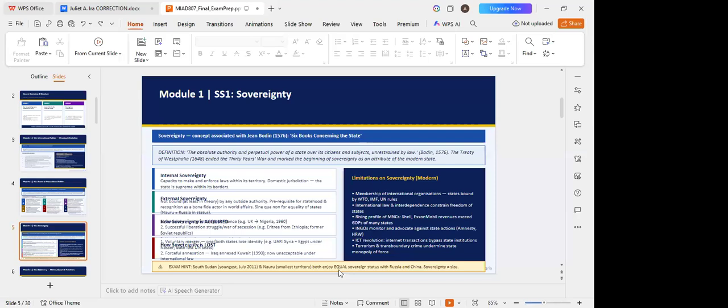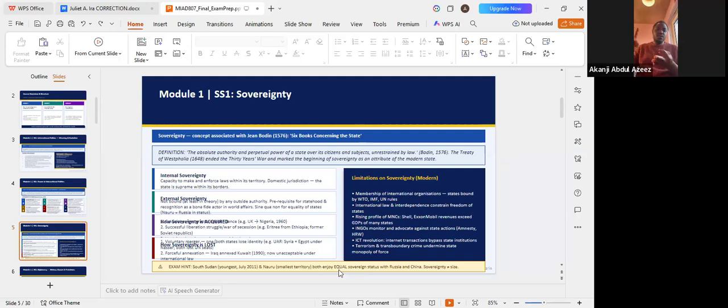Okay. Both of them. So we have China, France, Russia, the United Kingdom, and the United States. They have veto power. The meaning of this veto power is that they have the power to overturn any decision made in the United Nations.